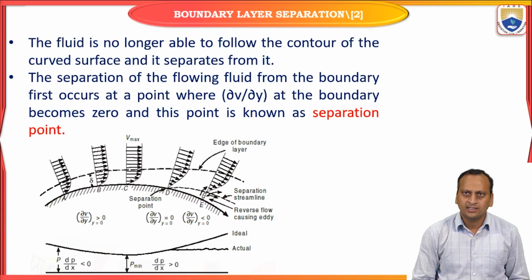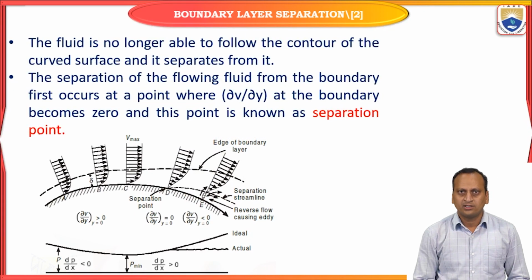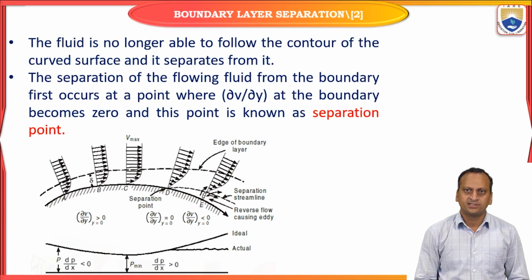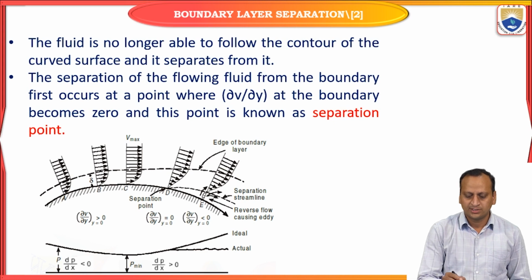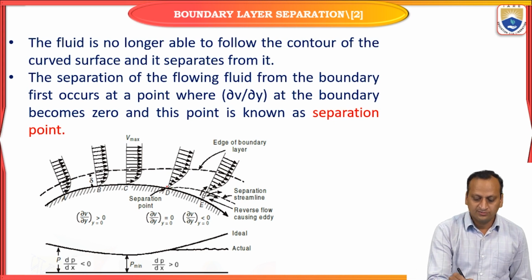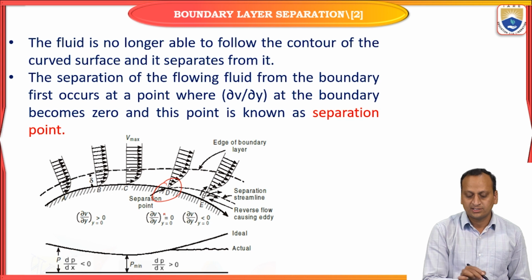The fluid is no longer able to follow the contour of the curved surface and it separates from it. The separation of flowing fluid from the boundary first occurs at a point where ∂V/∂y at the boundary becomes 0, and this point is known as the separation point. So in this diagram, we can see point D is known as the separation point.